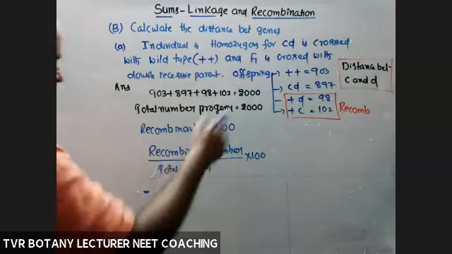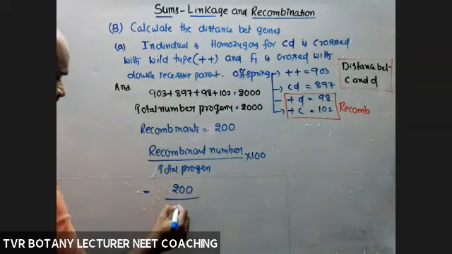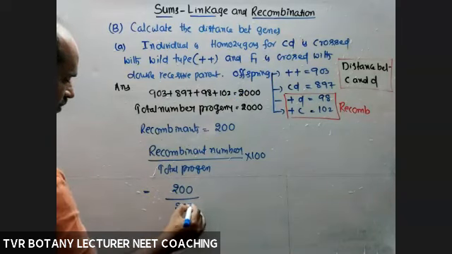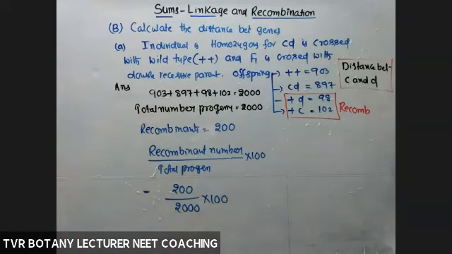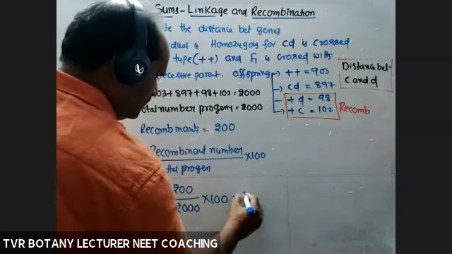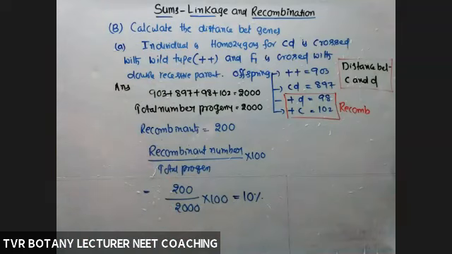So 200 divided by 2000 into 100. If you simplify it, definitely you'll get 10%. So the recombination frequency between C and D according to the given data is 10%.